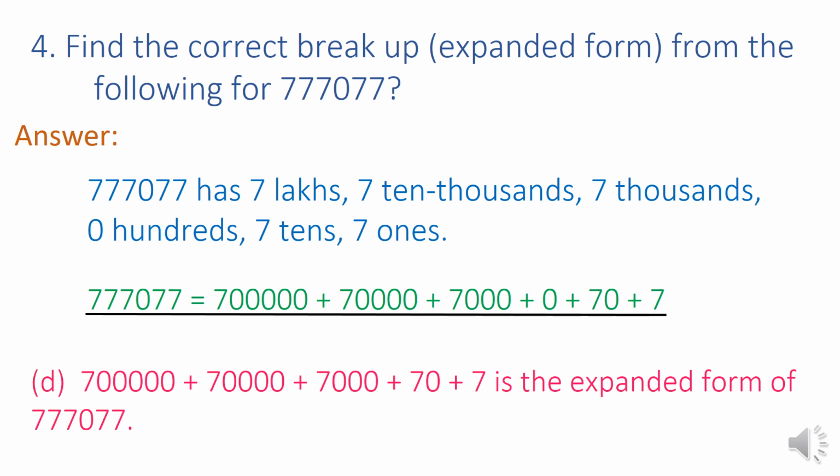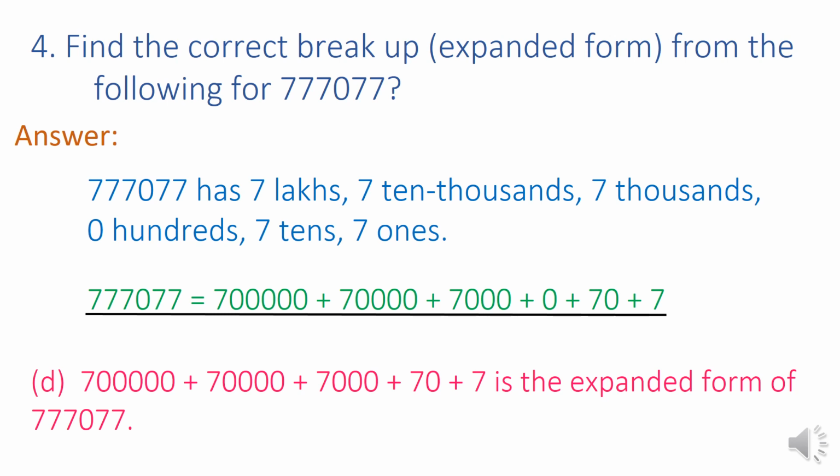So the expanded form of 7,77,077 is 7 lakh plus 70,000 plus 7,000 plus 0 plus 70 plus 7.